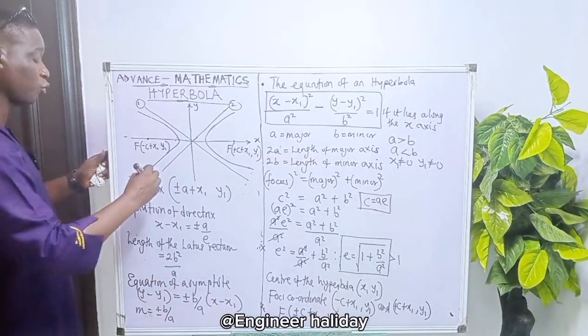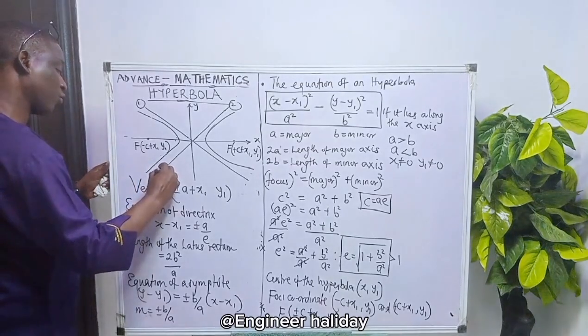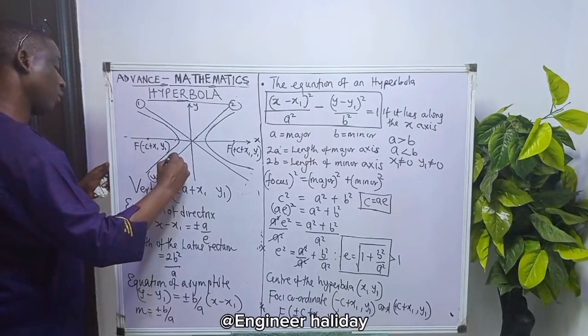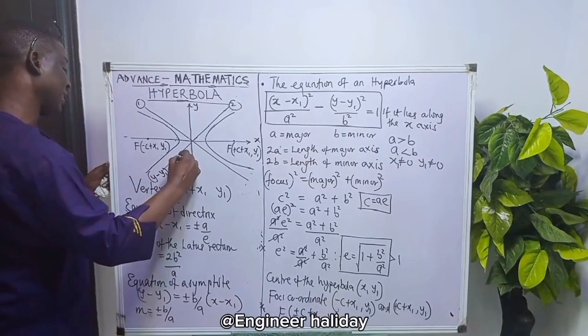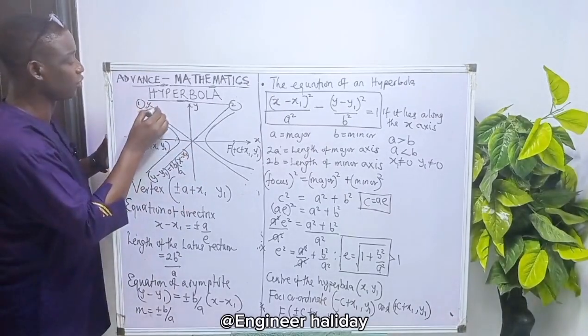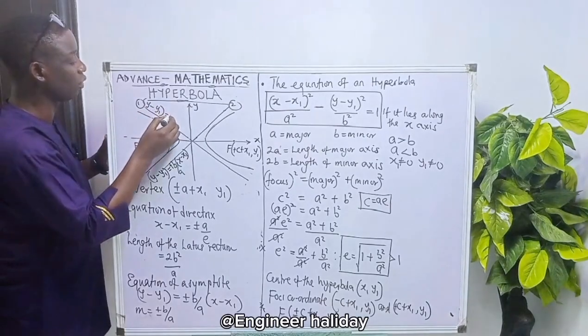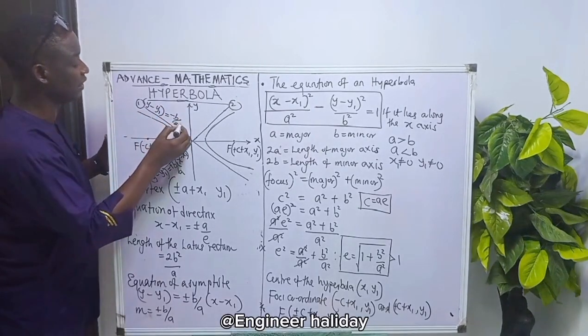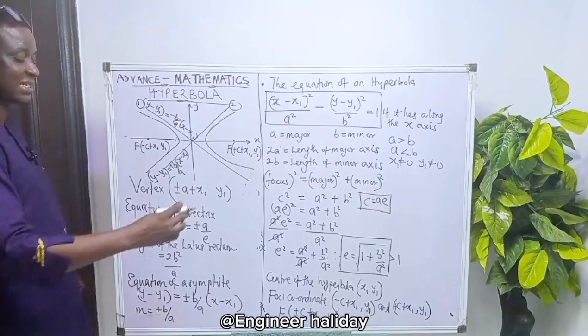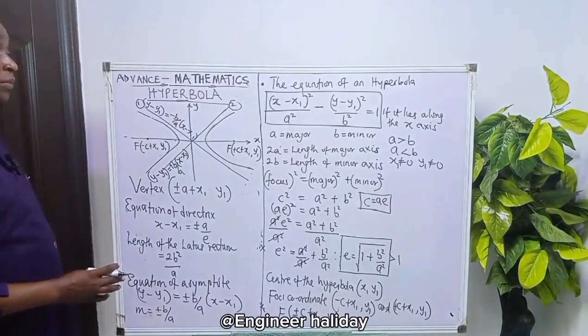If you split it now, this equation will have two lines. You will have one: y minus y1 equals b over a into bracket x minus x1, while the other one we have: y minus y1 equals minus b over a into bracket x minus x1. So there are two lines and they are equations of the line.